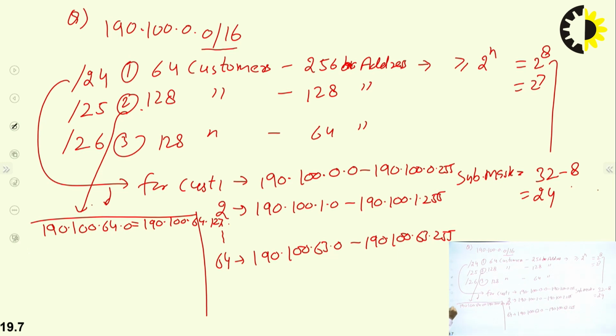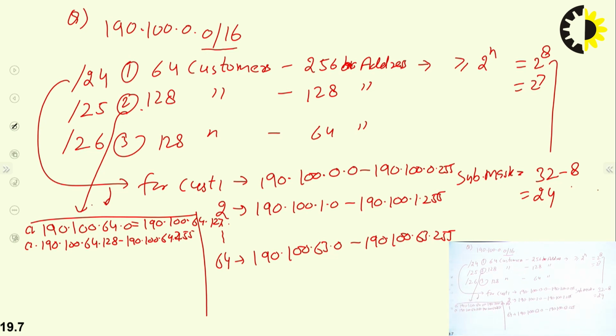This is for customer 1. For customer 2, 190.100.64.128 to 190.100.64.255.